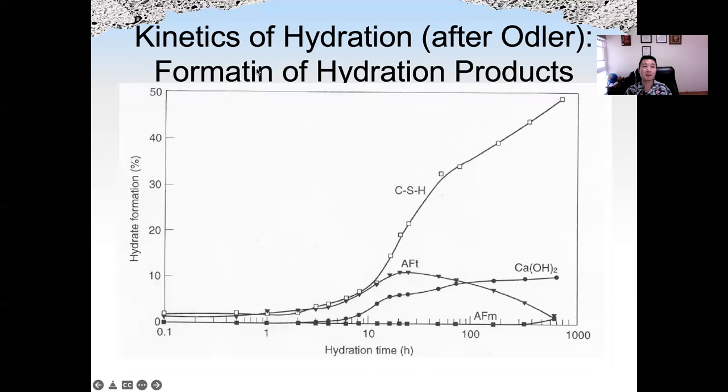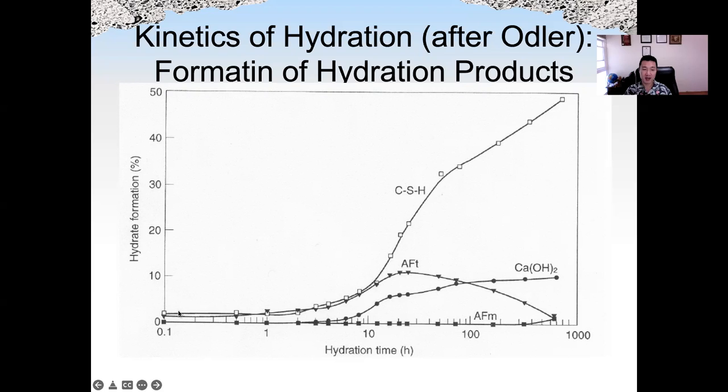And this is, again, the kinetics of hydration for the hydration products. For AFT, ettringite, the formation is very fast and peaks after around 40 to 50 hours.